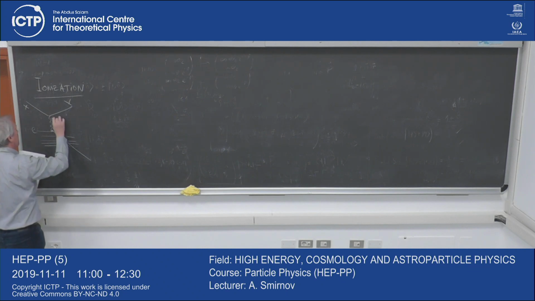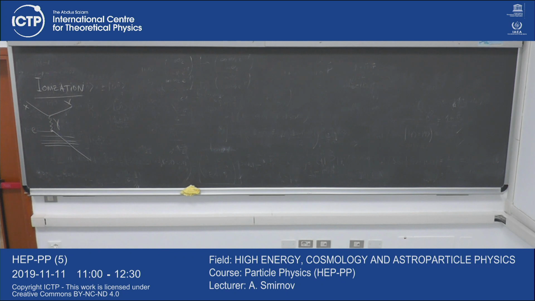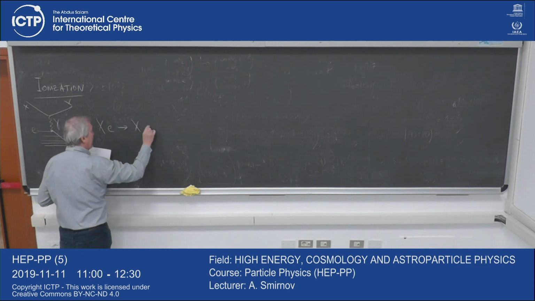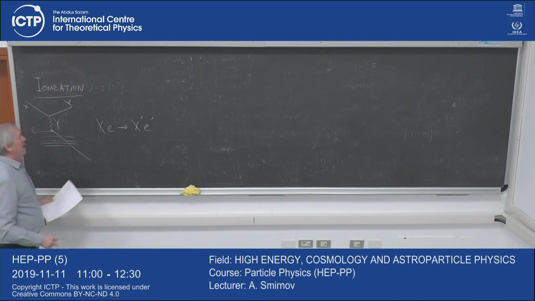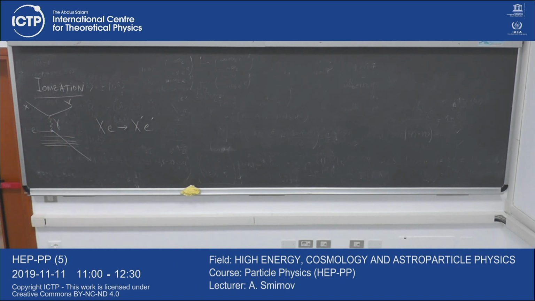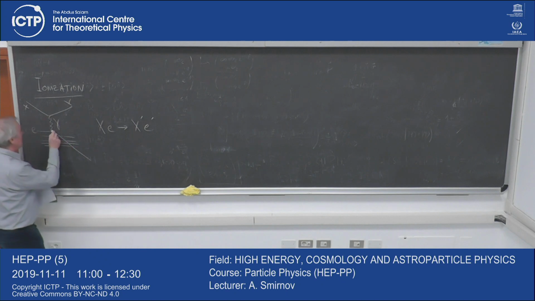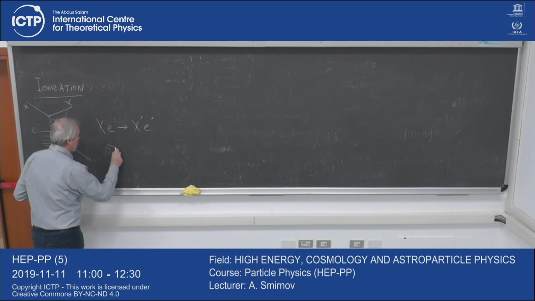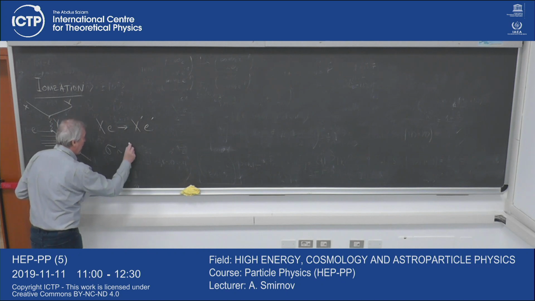This is the process with exchange of a photon: X interacts with an electron and goes to X and electron prime. The momenta and energies are changed, of course. This is a process of second order in the electromagnetic interactions. There are two electromagnetic couplings here, and therefore cross-sections are proportional to alpha squared.